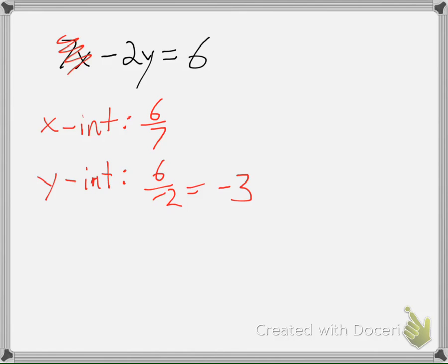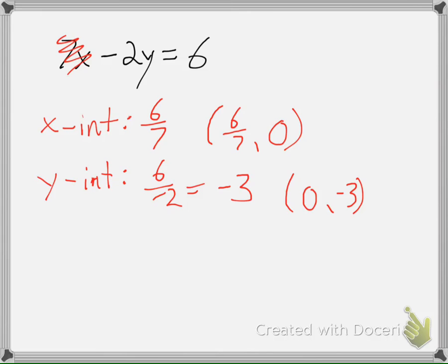So this equation, 7x minus 2y equals 6, has an x-intercept of 6/7 and a y-intercept of negative 3. Or if you wrote them as ordered pairs, the x-intercept is 6/7, comma, 0, because remember, x-intercept is where y is 0, right? And your y-intercept is 0, comma, -3.